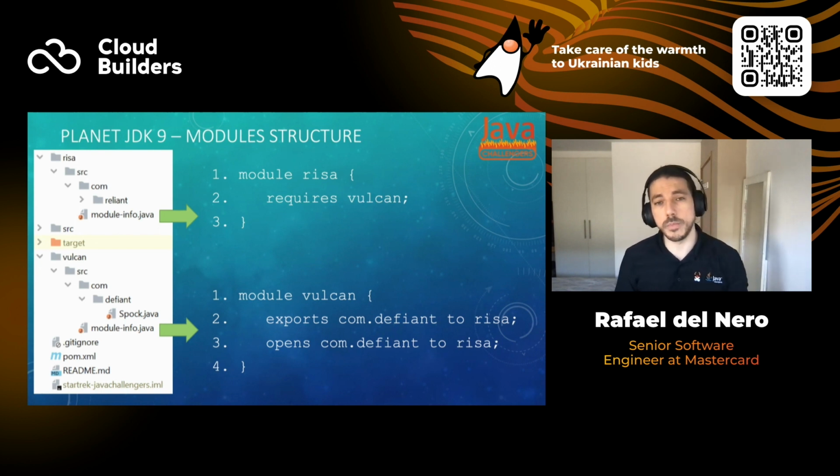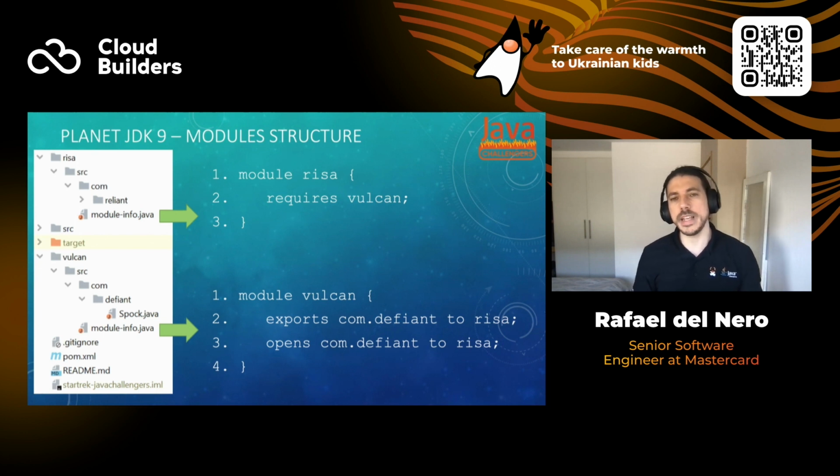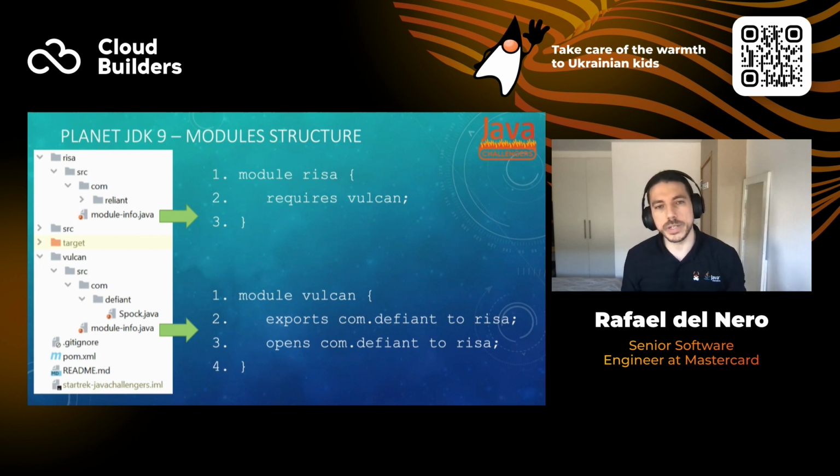So the benefits of modules. The first big benefit is that it's much easier now to implement new features on Java because if you notice, the Java ecosystem is huge. So there are many modules. And what happened is that when Java was broken into separate modules, now it's much easier to implement a new Java feature.